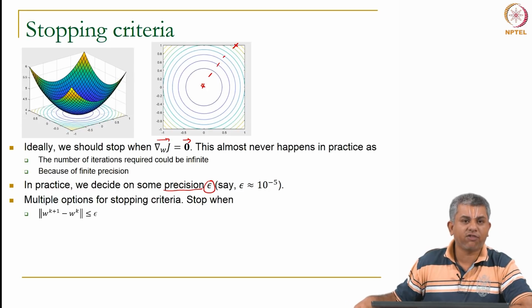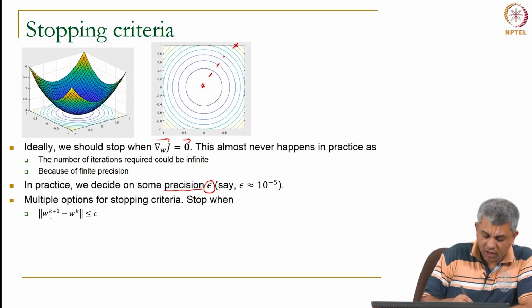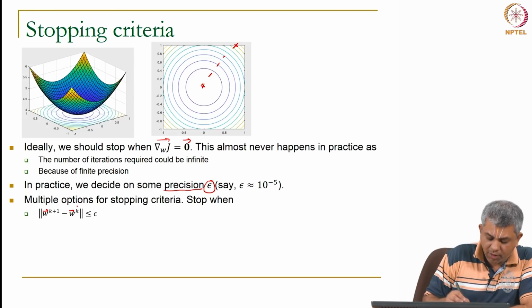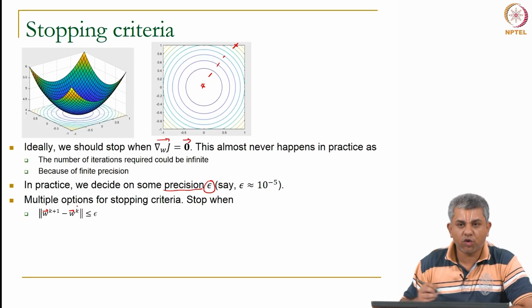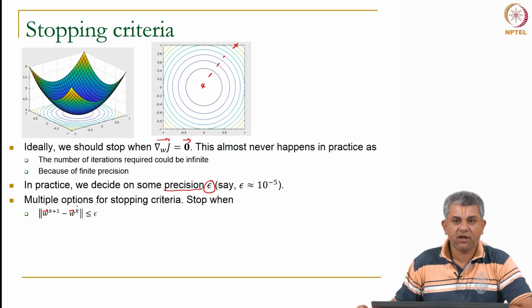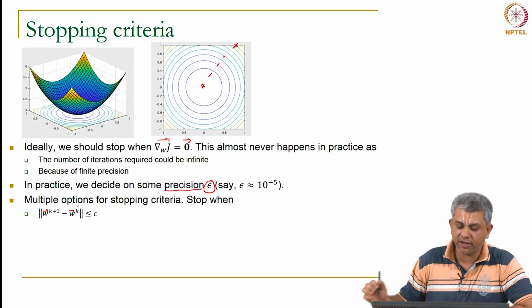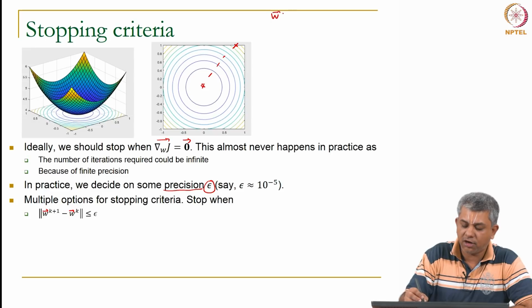One thing is our friend the norm returns here. Remember W is a vector. If you recall the iterations we did, suppose at some iteration W vector is 1.012 and 1.011.